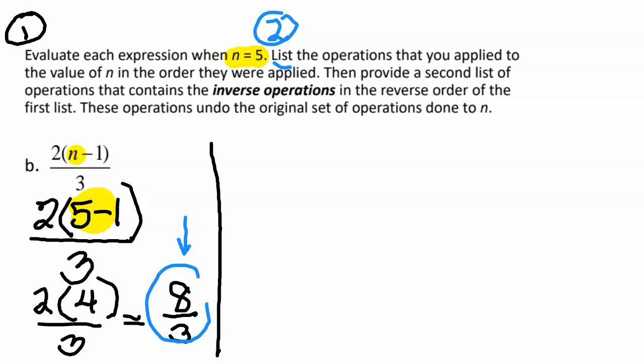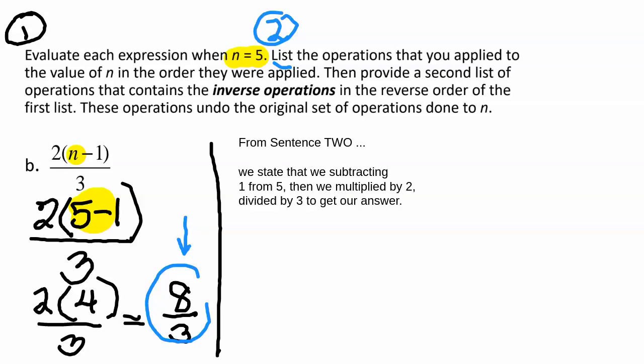So from sentence 2, we state that we subtracted 1 from 5. Then we multiplied by 2. And then we divided by 3 to get our answer. Okay?